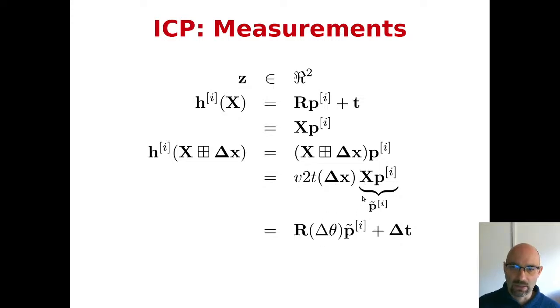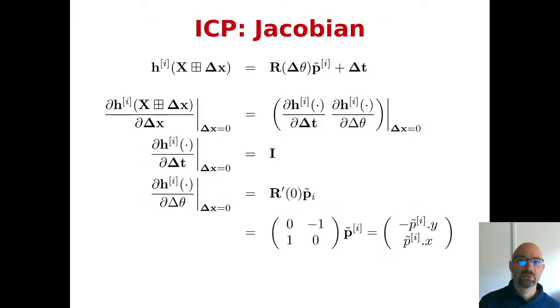So if I calculate this, it ends up as R delta theta times p tilde i plus delta t, just by applying the definition of V2T. And I ended up with the prediction function that I'm going to derive with respect to delta t and delta theta, which are the components of delta x.